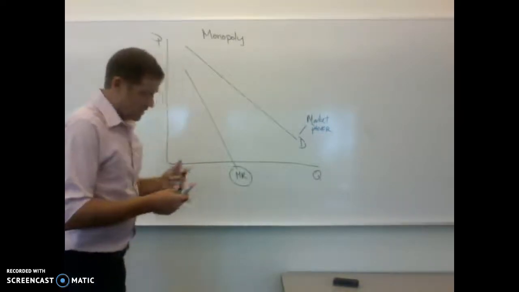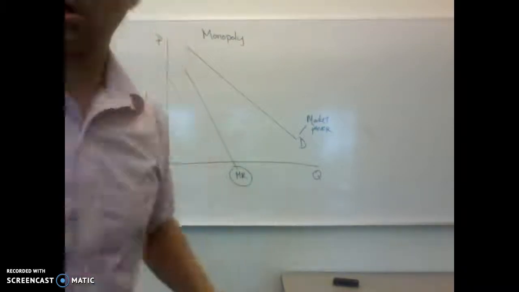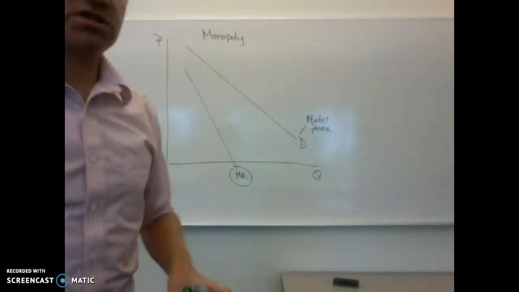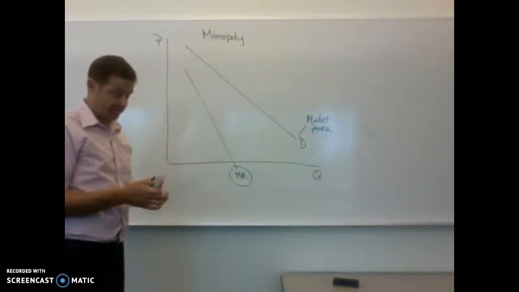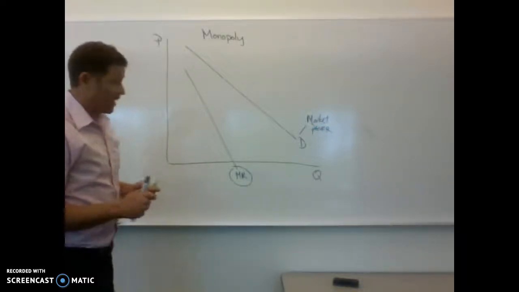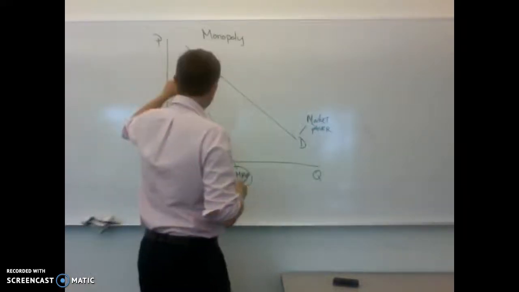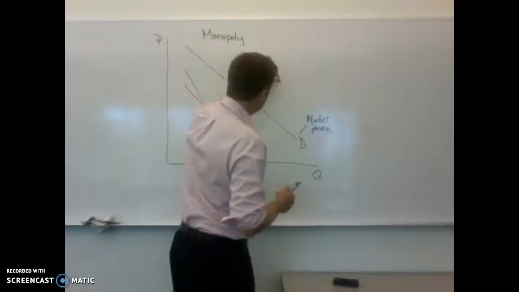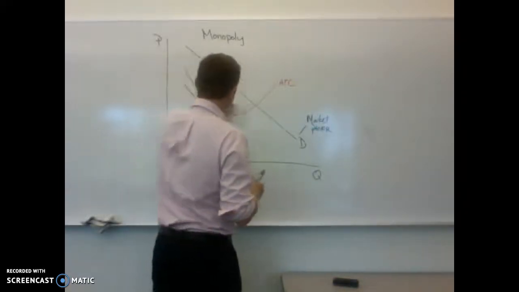So that's that. Now, in every situation, we have to put the cost curves onto the graph. So I'm going to show a monopolist earning a profit. I'm going to add in an ATC, and I'm going to add in an MC.